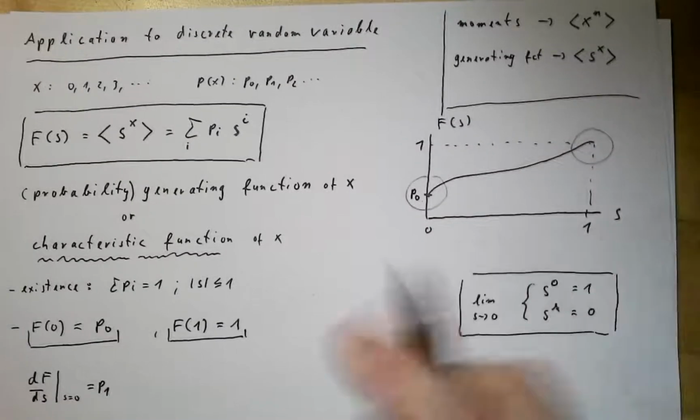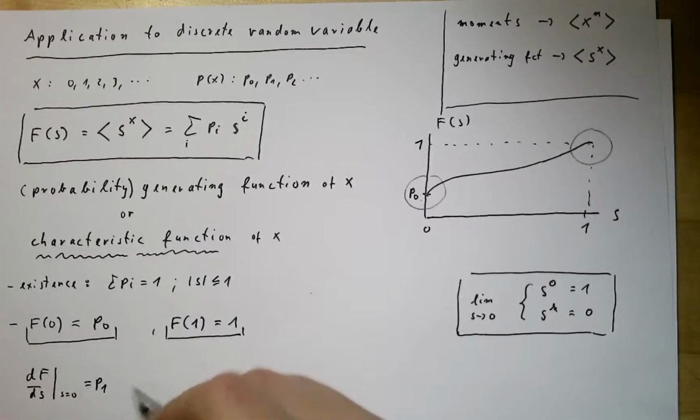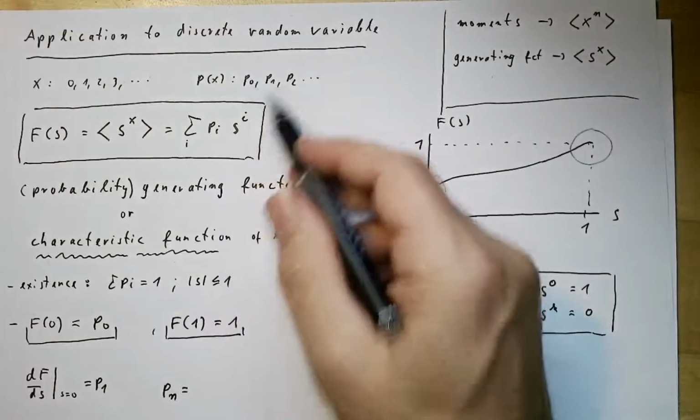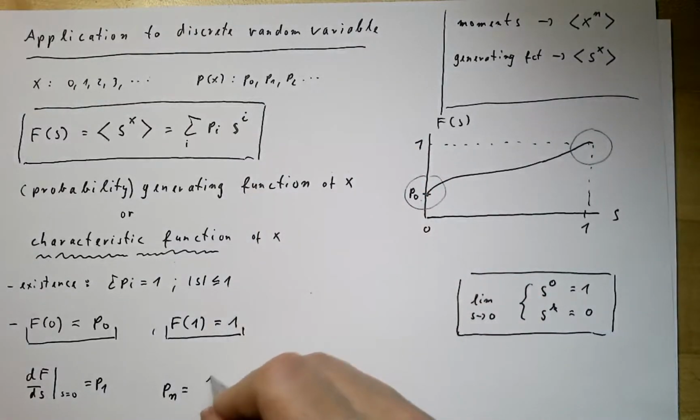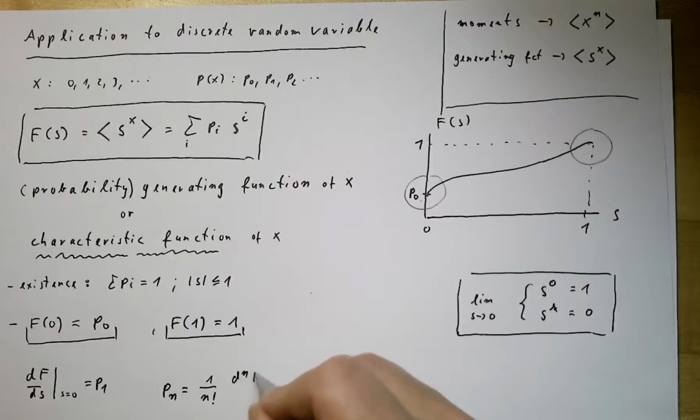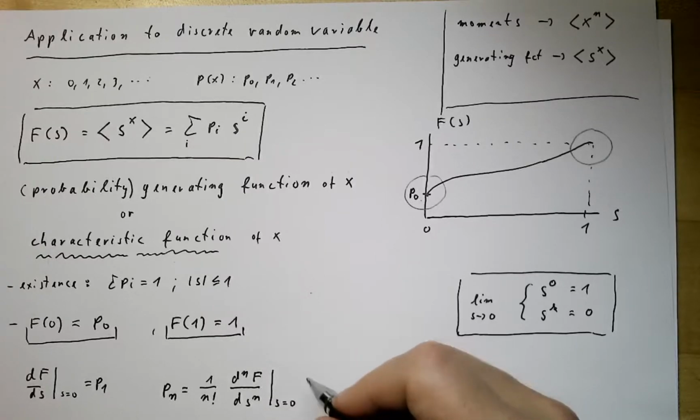And so when you think this through, you will find that we can in general write the coefficients, the nth probability in our discrete distribution. We can write 1 over n factorial times the nth derivative of our generating function at the position s equals 0.